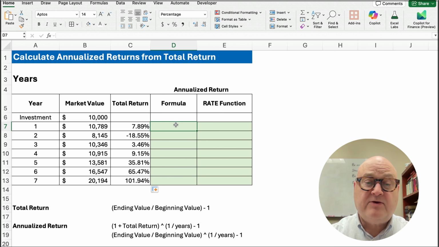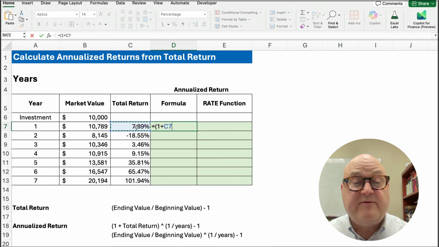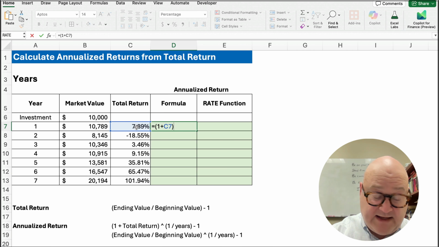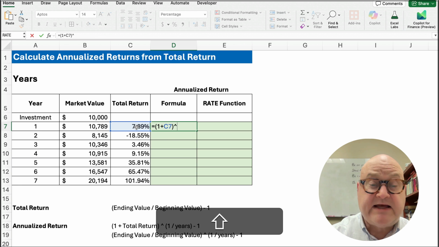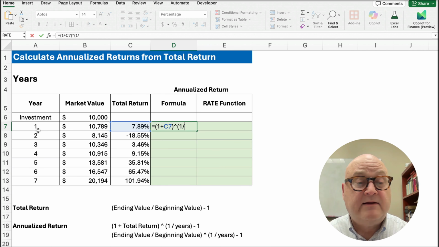So our annualized return is going to be 1 plus, start parentheses here, 1 plus the 7.89. Okay, close the bracket here. And then the exponent is going to be the caret symbol, and I'm going to take another bracket, 1 divided by the years.